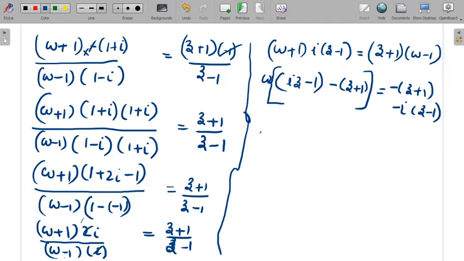Again simplifying this, we get W into Z into (I minus 1), then see here it should be IZ minus I. Sorry. So minus of (1 plus I) minus (1 minus I), this equal to, on the right side, minus Z into (1 plus I), minus Z minus IZ.